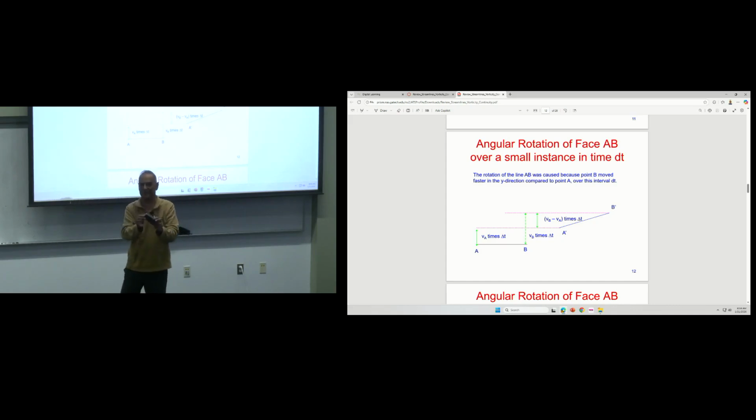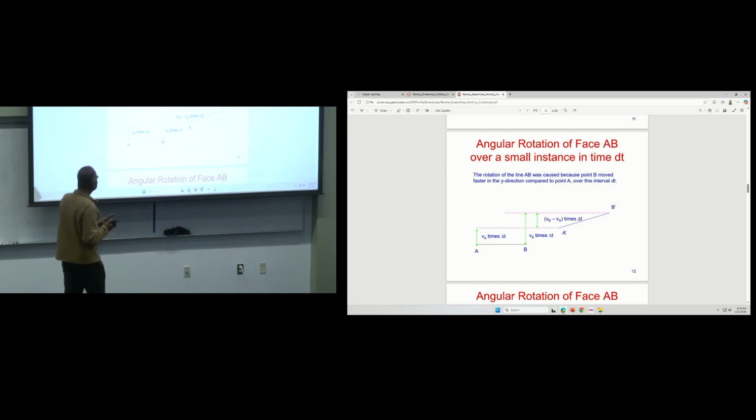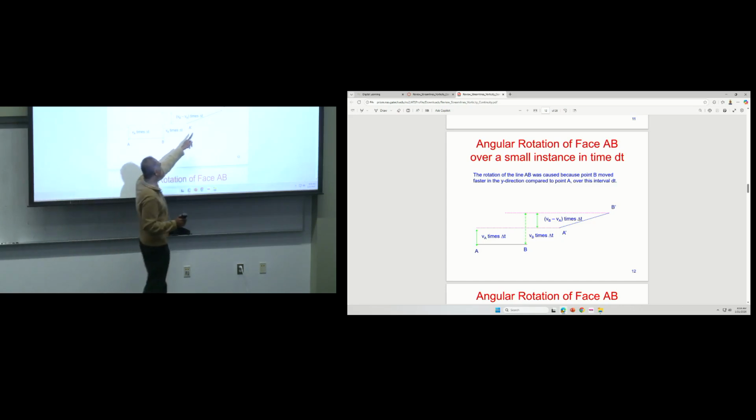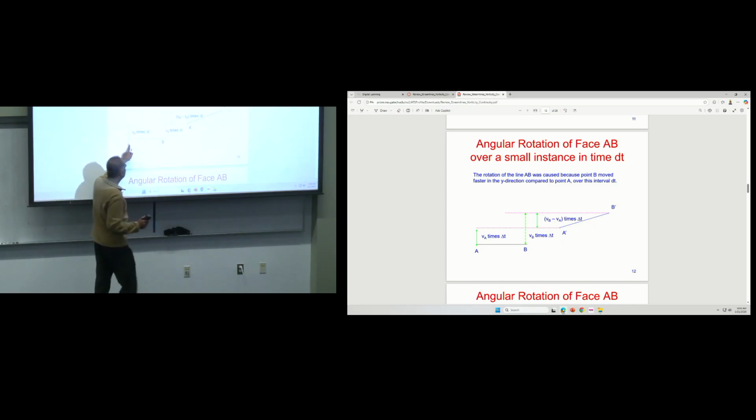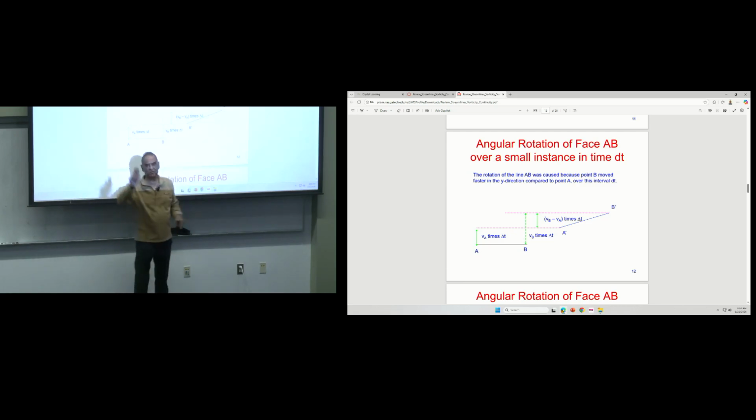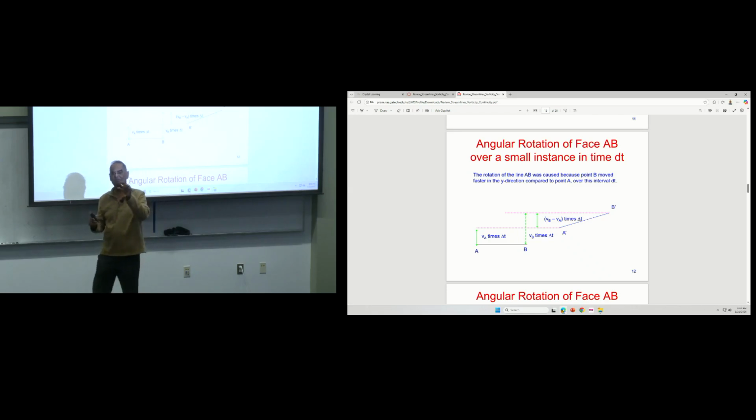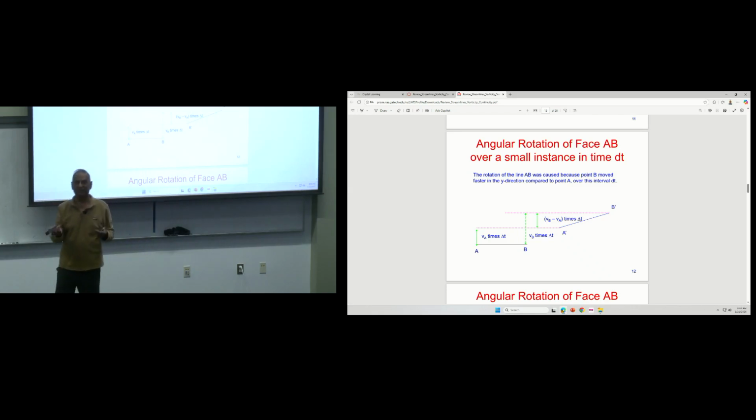We are only interested in how much it is rotating. So all we have to see is how much vertical distance B traveled relative to A. Because they are traveling in the vertical direction, this is at VA, this is at VB. If VB is higher than VA, then B prime is going to be above A prime. Okay? So the difference is VB minus VA times the time over which it traveled. So that's the vertical distance.